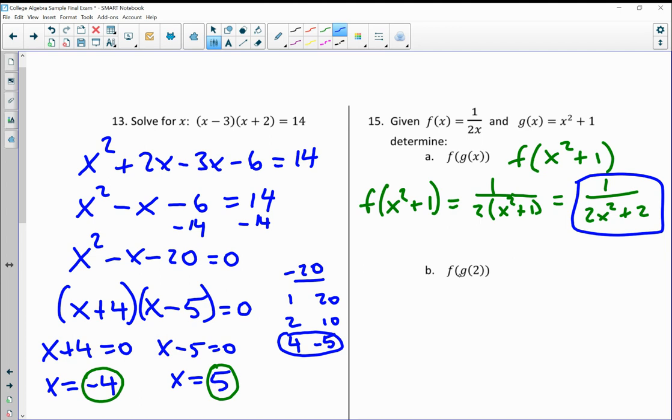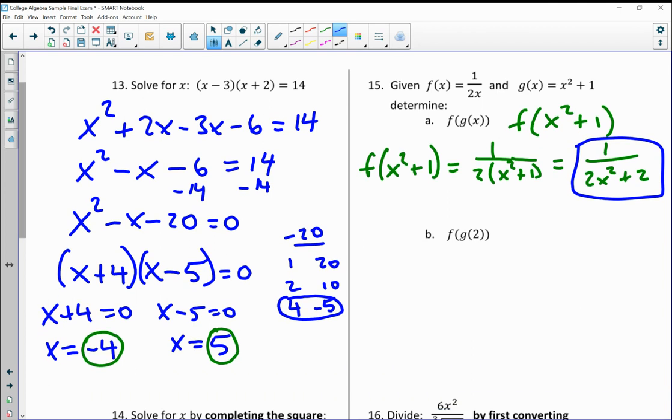Okay, next we have f of g of 2. Okay, so what we can do is realize we just did f of g of x. So if we have f of g of 2, that means we could just plug into this equation, and that gives us our solution.